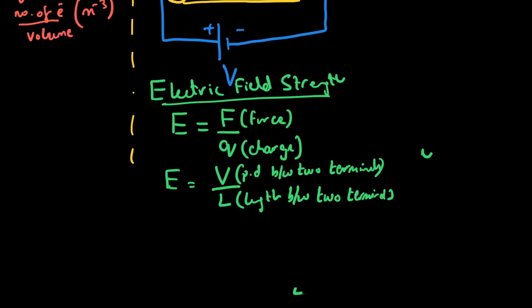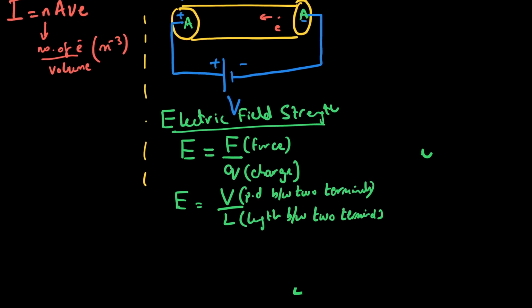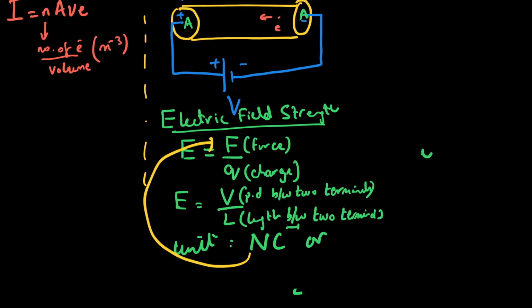So that tells you that the unit for electric field strength could be newton per coulomb from the first equation, and it could also be volts per meter from the second equation. From V over L it can be V m^-1, and from F over Q it can be N C^-1. I hope you are with me so far.